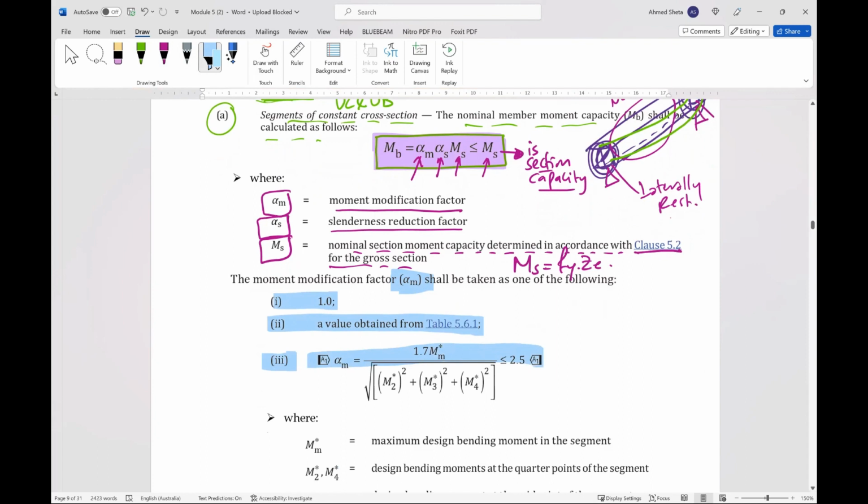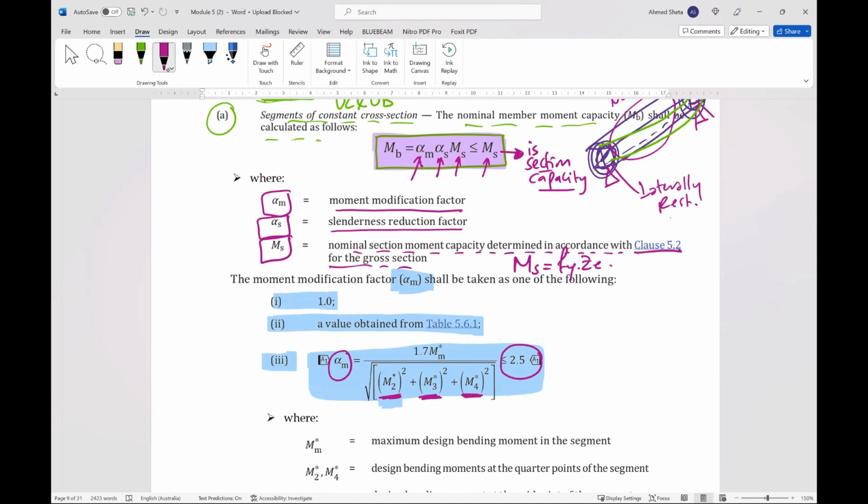Alpha M equals 1.7 M star over the square root of M2 star squared plus M3 star squared plus M4 star squared. And alpha M cannot be more than 2.5.